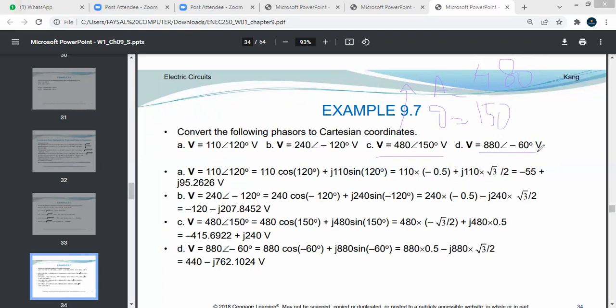Now the last part, D part, will be the value of A equals 880 and the theta value equals minus 60 degrees.